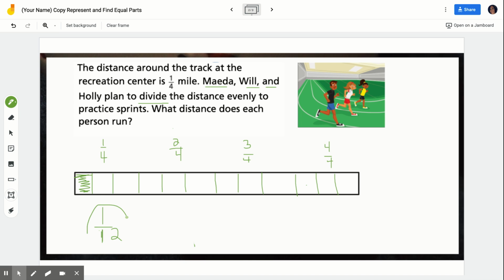Okay, let's check our thinking with that inverse operation. So if they're going to run 1/4 divided by 3 people.